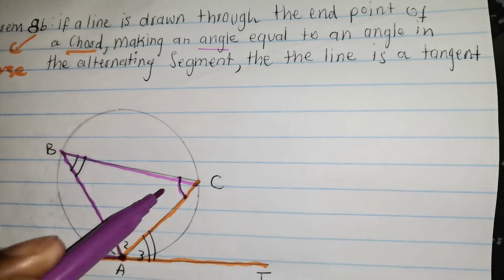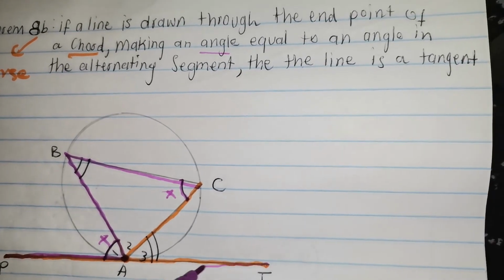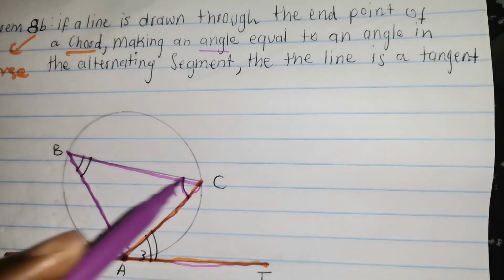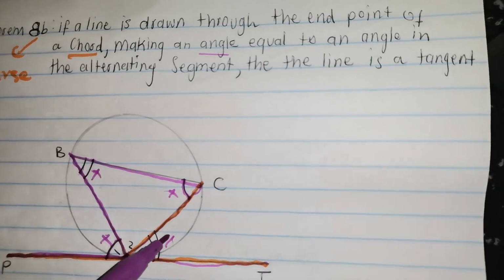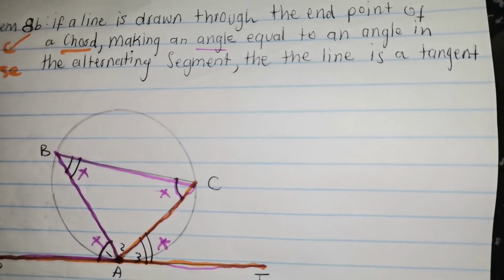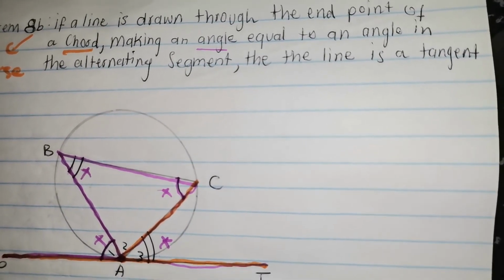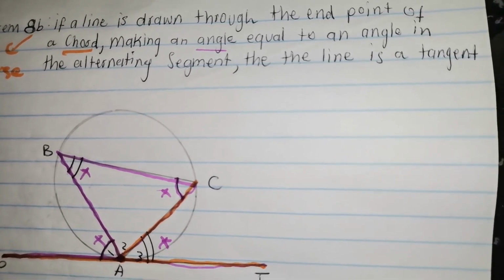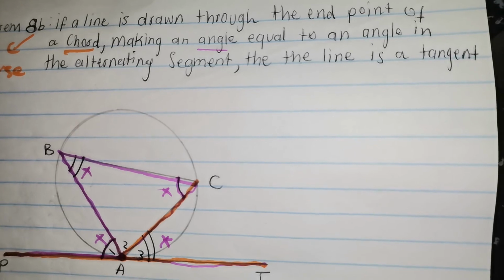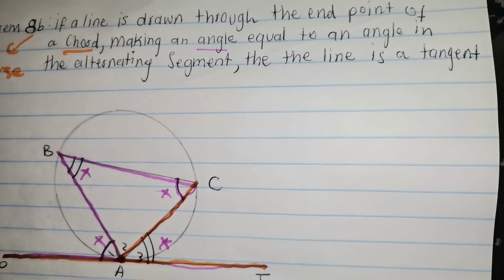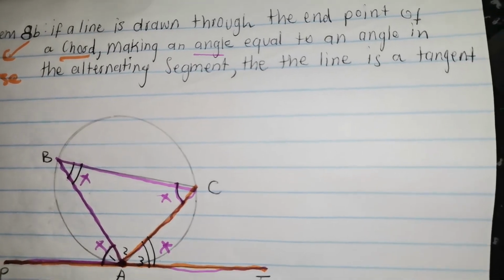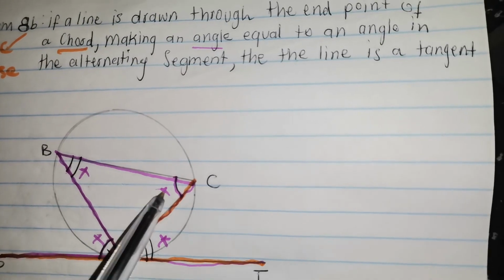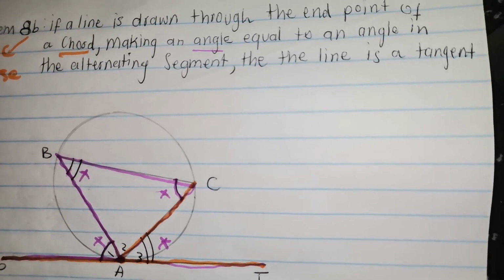If this angle is equal to this angle because of the tan chord theorem, remember our Z, and this angle is also equal to this angle, this will mean that this line is a tangent. That's basically what is being said here. If that's the case, then line PT is a tangent. They can ask you to prove tangency in that form.